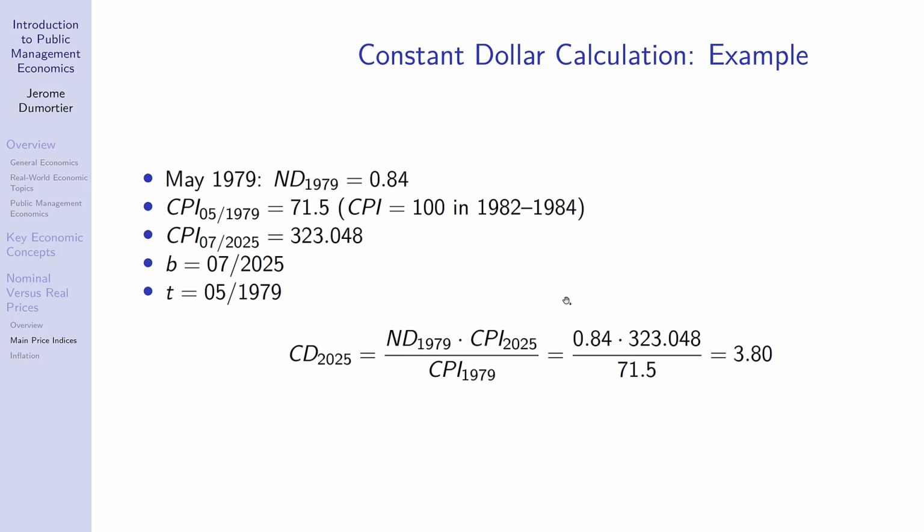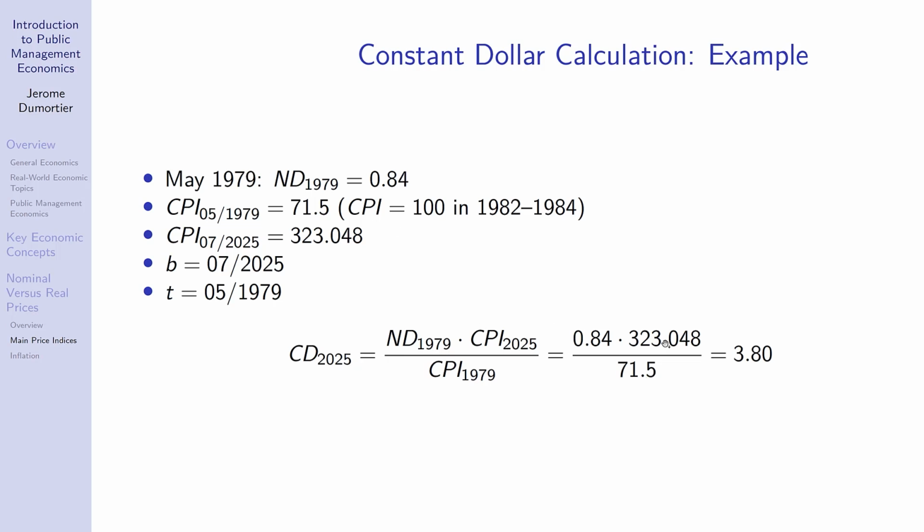In order to calculate the gasoline price in 1979 in terms of 2025 dollars, you take 0.84 times the CPI in the time period of interest, 323.05, and you divide it by 71.5, which is the CPI in 1979.